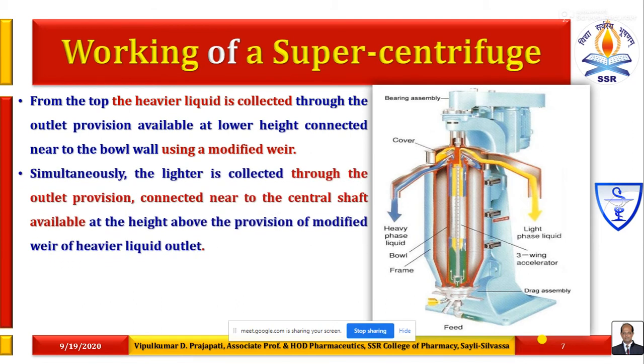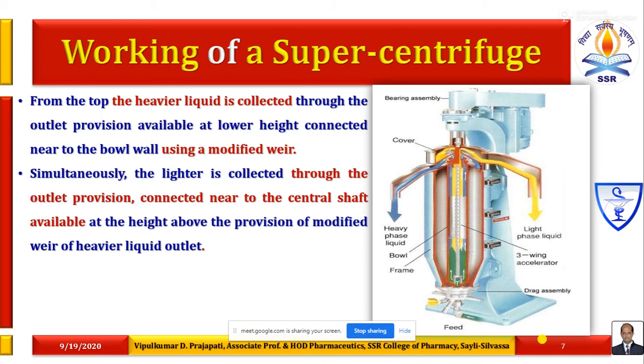Simultaneously, the lighter liquid is collected through the outlet provisions connected near to the central shaft, available at a height above the provision of the modified weir for collection of the heavier liquid outlet. So the lighter liquid is collected slightly above the heavier liquid outlet provision in another position.